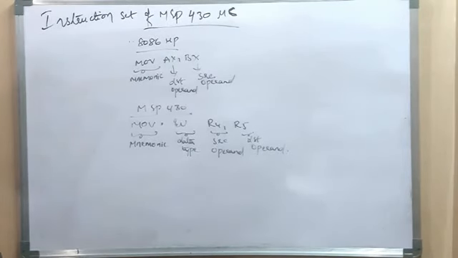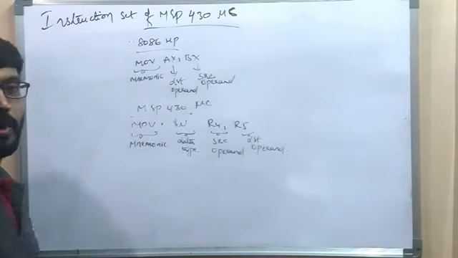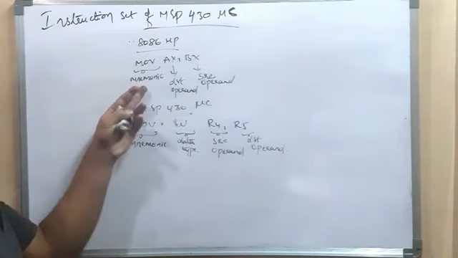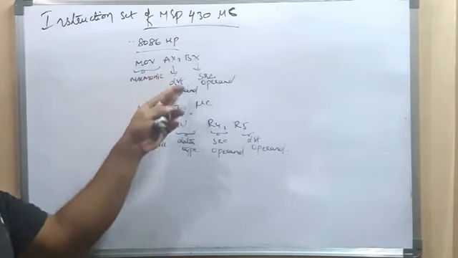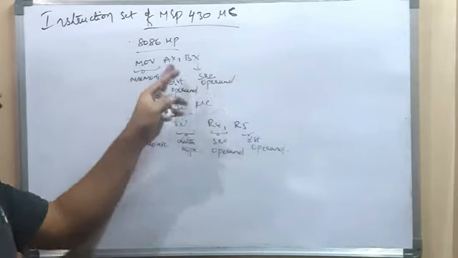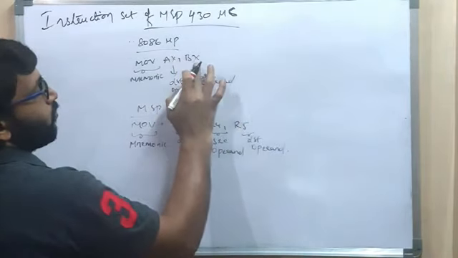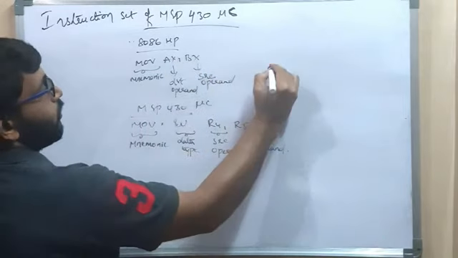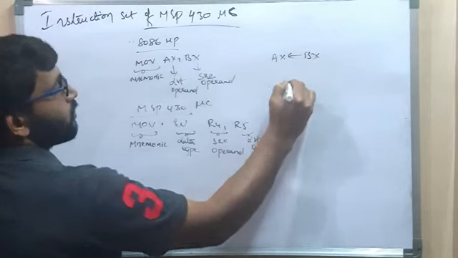If you look at the difference between the 8086 microprocessor instruction and the MSP430 microcontroller instruction, the format is quite different. The 8086 instruction contains a mnemonic, destination operand and a source operand. The meaning of this instruction is that the content of BX is transferred to AX and the result is stored in AX.